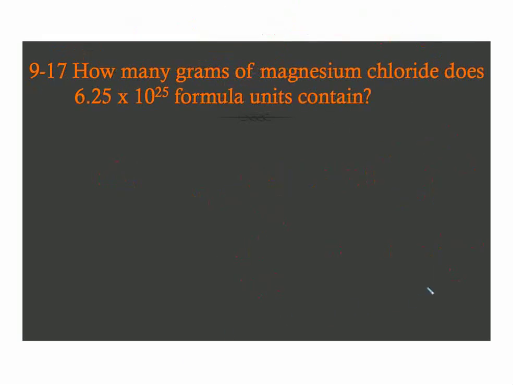All right. Now, I want to do another couple of 2 steps, and then we'll do a few challenging ones in the next videos. All right. So you have your map. We've got how many grams? So we've got question mark grams are equivalent to, you'll see why I left myself a gap there, 6.25 times 10 to the 25 formula units. Now formula units is a count. Now I can't go directly there.